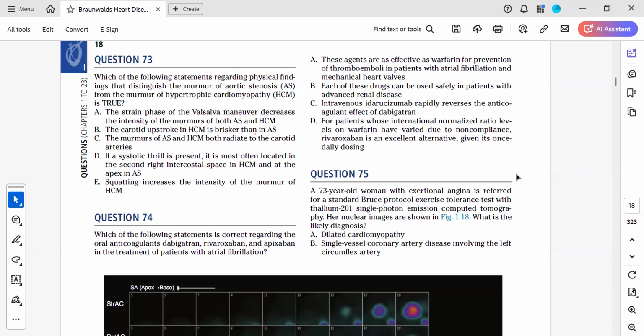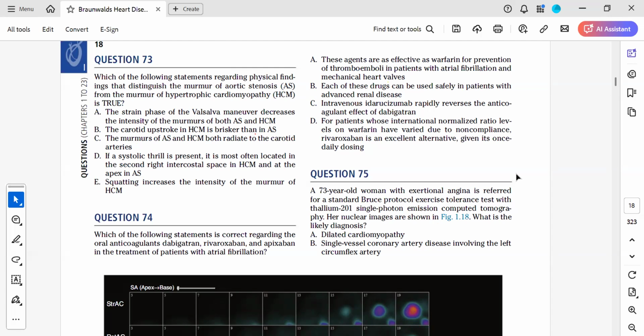C, the murmurs of AS and HCM both radiate to the carotid artery. D, if a systolic thrill is present, it is most often located in the second right intercostal space in HCM and at the apex in AS. And E, squatting increases the intensity of the murmur of HCM.